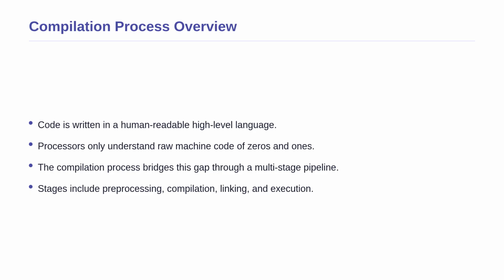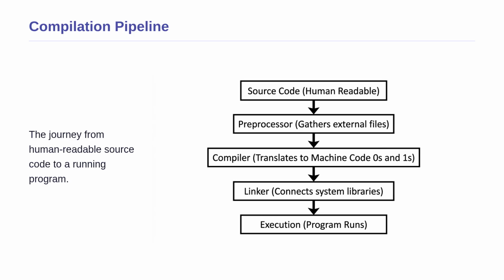This pipeline translates your human-readable text into machine code, which is a raw series of zeros and ones. The preprocessor handles the setup, the compiler does the translation, the linker connects system libraries, and finally, the processor executes the program.